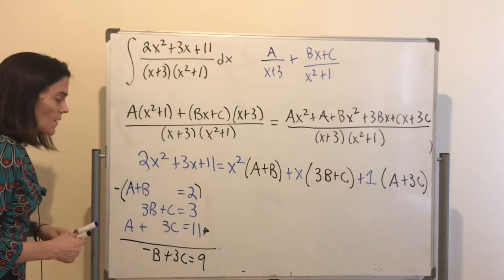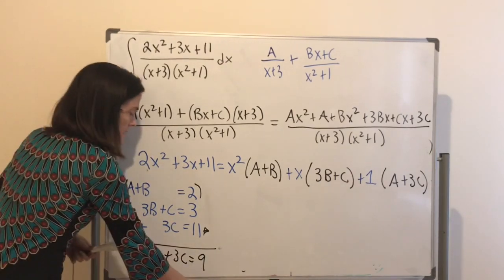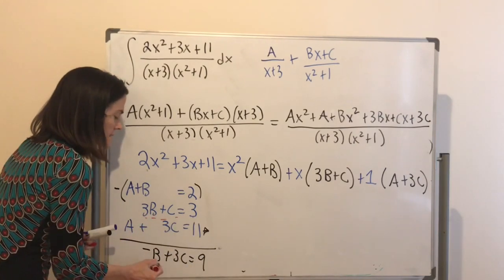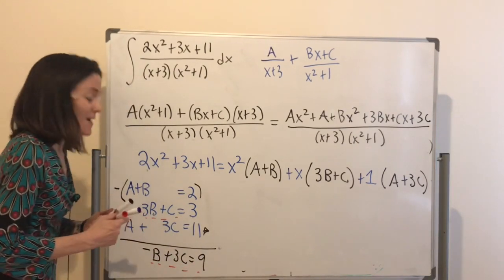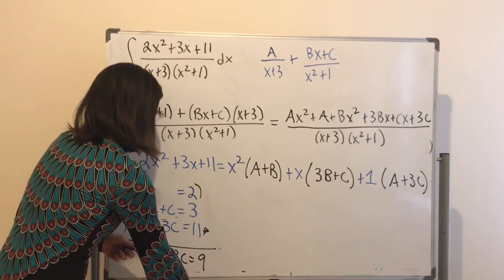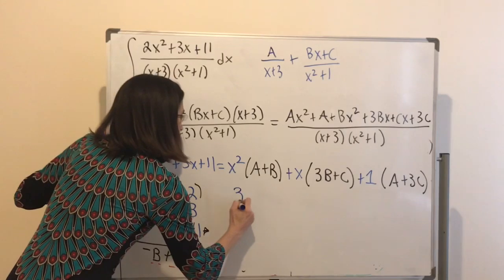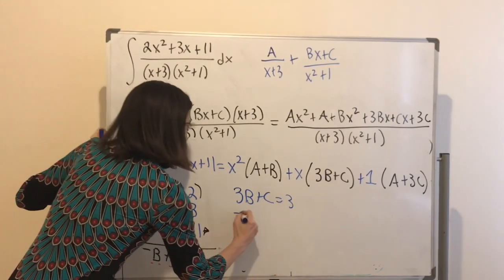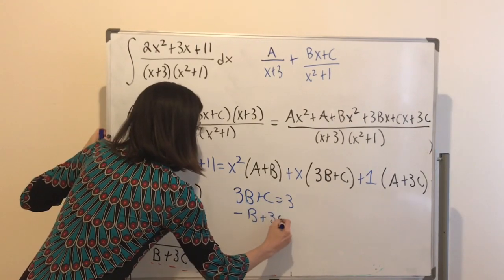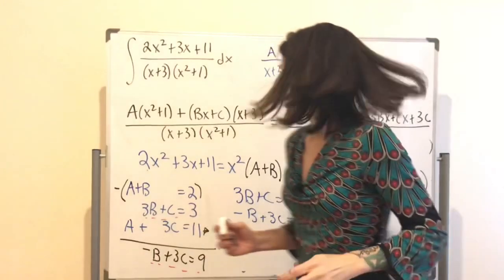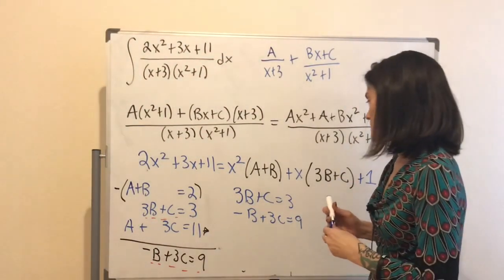Now I will recopy because this is what I said I wanted to get to. I have this equation of b and c, this equation of b and c. Let's find b and c. So we have 3b plus c is 3, and minus b plus 3c is 9. Well, you can do a number of things.